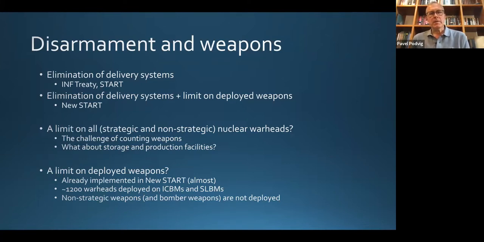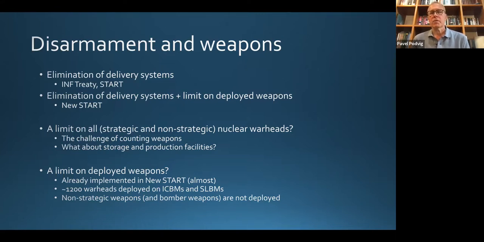The New START, in fact, brought an interesting dimension because in addition to accounting for delivery systems, New START actually allows both sides to know how many weapons are deployed. That number is declared, and that number is verified, and there is a procedure for that.